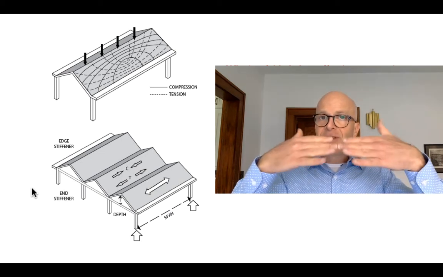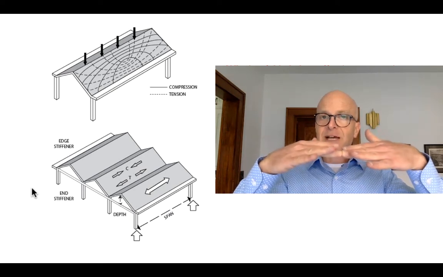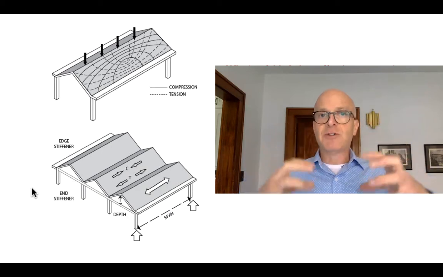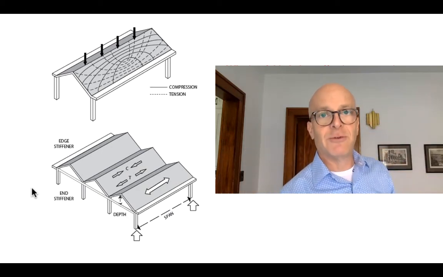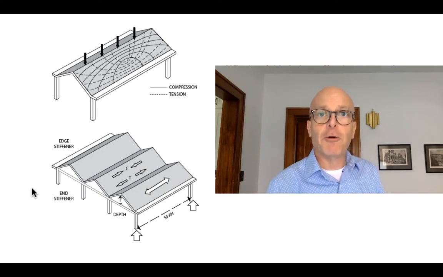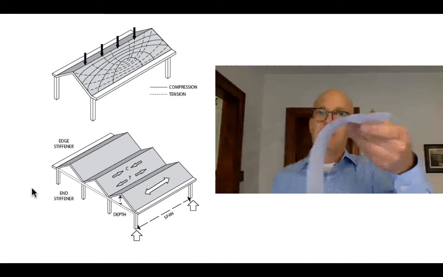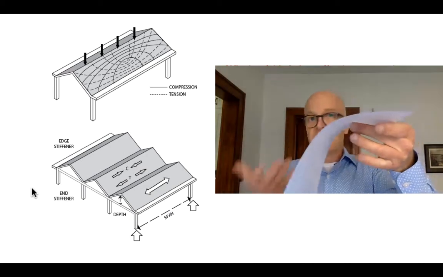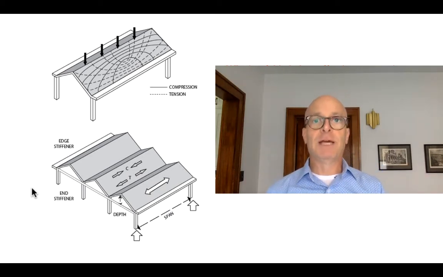And as they would flatten out, sort of expanding sideways, they would start to lose the depth. They would lose the section modulus that we've given them, and the folded plate would collapse. Same with the piece of paper that we can hold with our hands. If I let my fingers go, you see that the paper flattens out, loses its section modulus, and can't even carry its own weight.